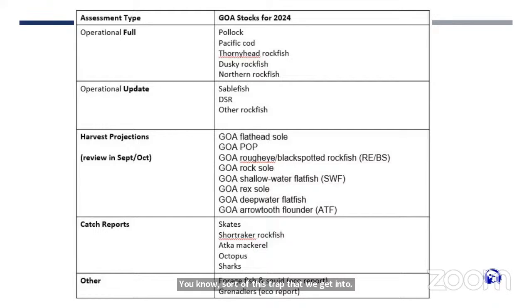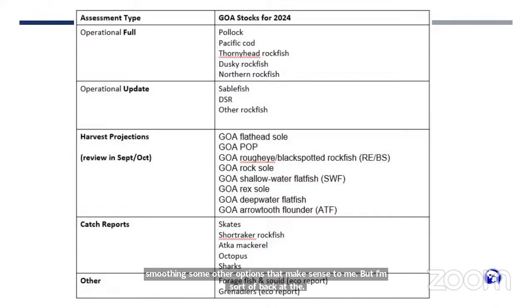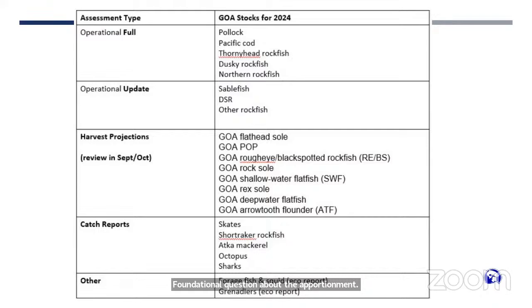So I think in the interest of maybe bringing forward a new method that might provide some smoothing, some other options, that makes sense to me, but I'm sort of back at the foundational question about the apportionment. I'm not suggesting anything additional. I'm just kind of noting that the council weighing in on this is important. I don't want necessarily to say that we don't need that. I think that's really important with this.